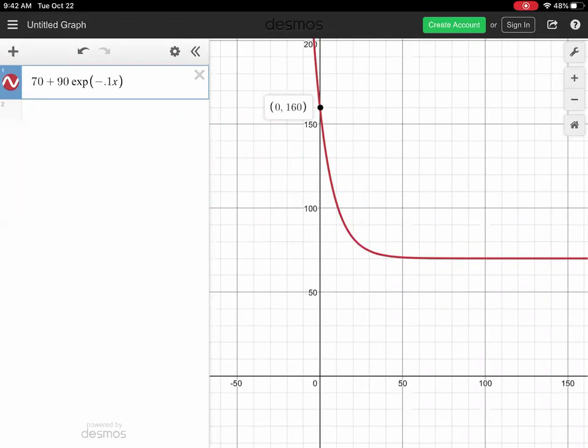That was the temperature at the initial time 0. We all understand that the coffee's not going to get warmer as you put it out into room temperature. It's going to cool off, so we've got this behavior where it's decreasing. But at some point, it's going to slow down. If I hold it steady there, it looks like around 70. So it looks like the horizontal asymptote is at 70.